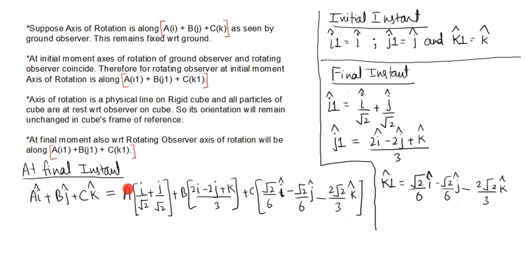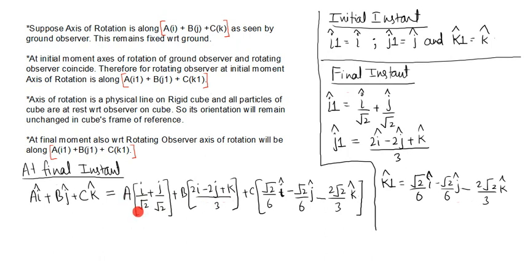Now this is the axis of rotation expressed in terms of i cap, j cap and k cap. It was expressed here in terms of i1 cap, j1 cap and k1 cap, but I have substituted the values of i1 cap, j1 cap and k1 cap to find its value in terms of i cap, j cap and k cap.